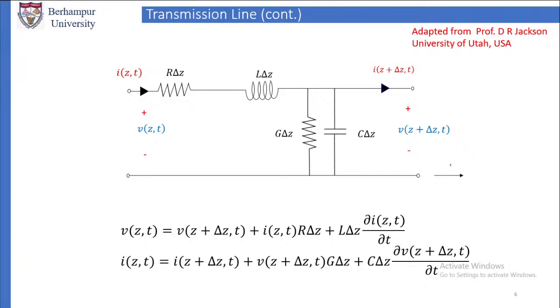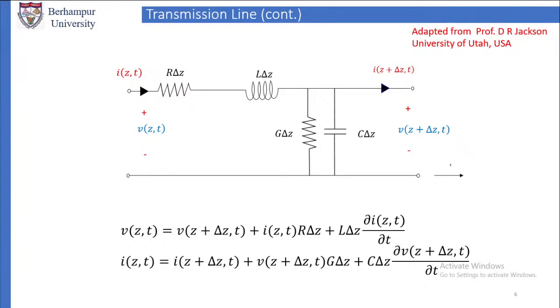Now what will that V(Z,T) be? It will be the voltage across the resistor plus the voltage across the inductor plus the voltage across the capacitor or conductor. The voltage across the capacitor or conductor is V(Z plus delta Z, T), that we know, that is at the right end. So we can start with that.